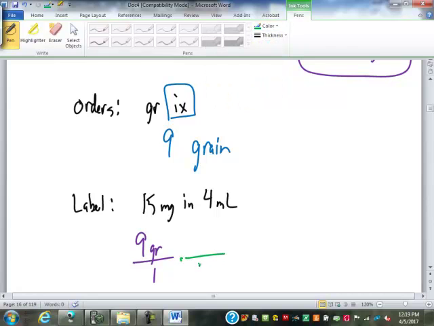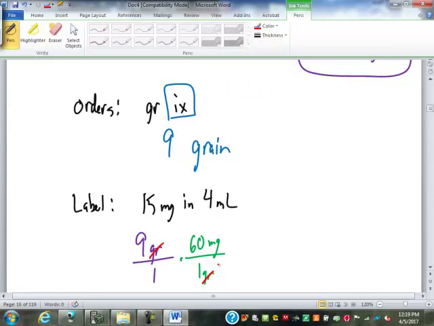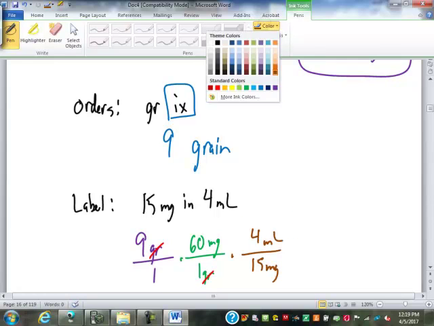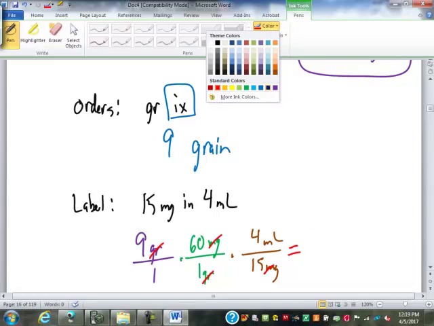And we know that 1 grain is 60 milligrams. So now the grains are gone and we are in milligrams. And now we have 15 milligrams per 4 milliliters. So the milligrams are gone. We are now in milliliters, and this will give us our calculation for the amount to administer.